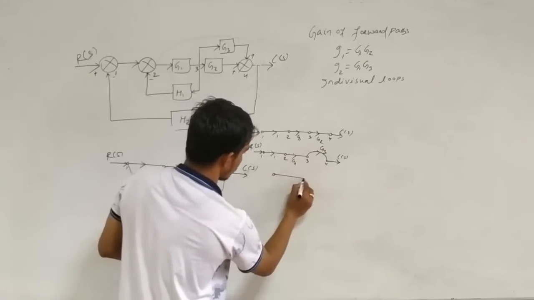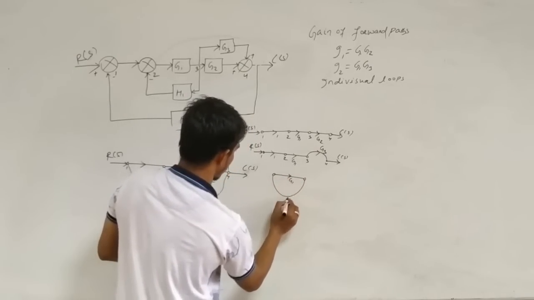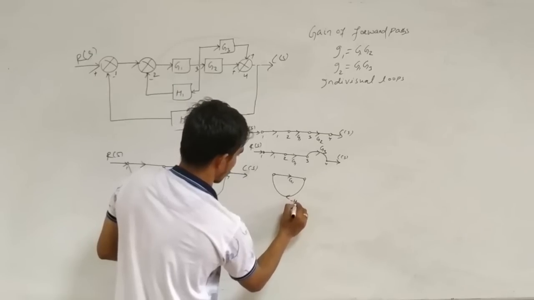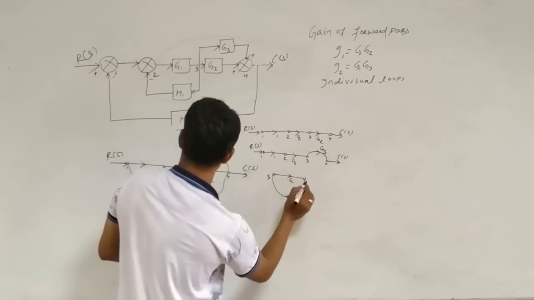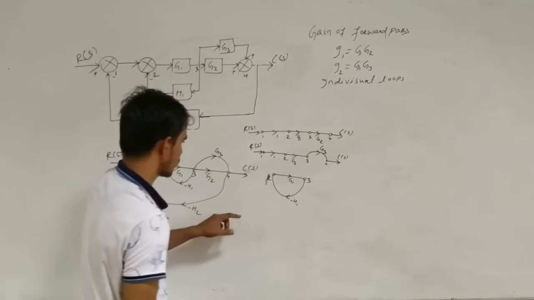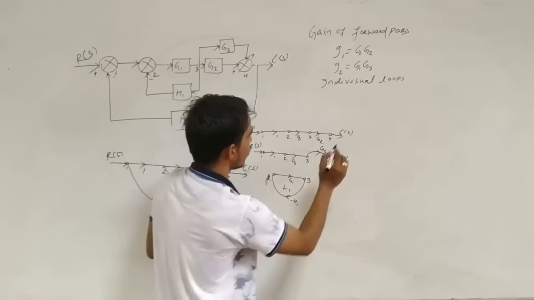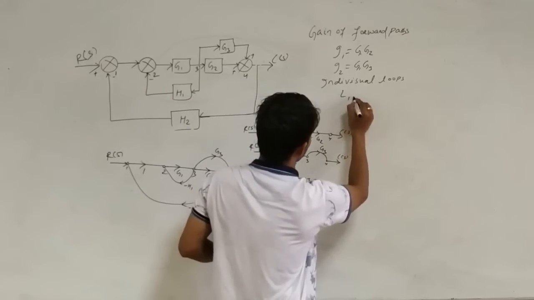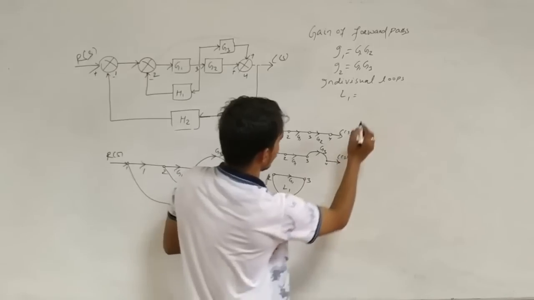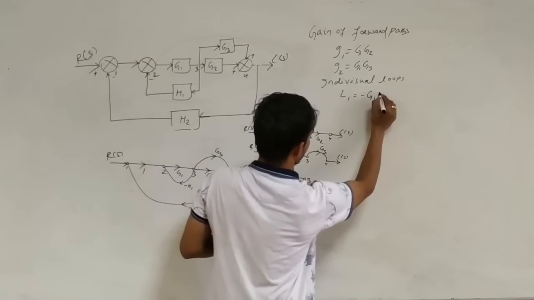Node 2 to 3 with G1, and back with minus H1. Suppose this is L1. So L1, the gain, will be minus G1 H1.